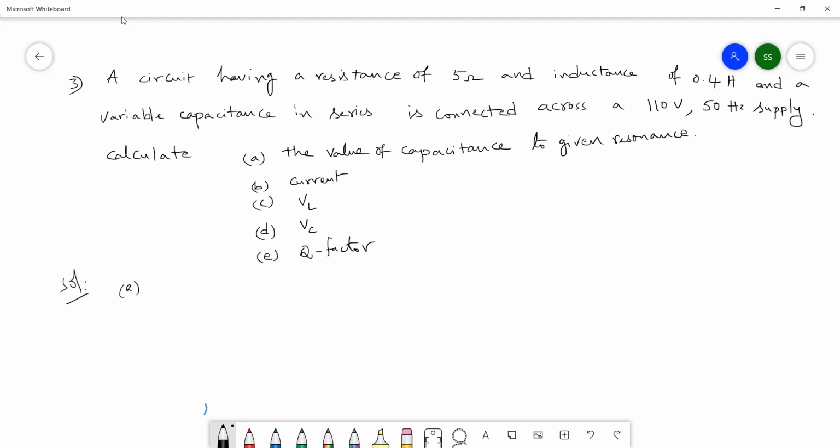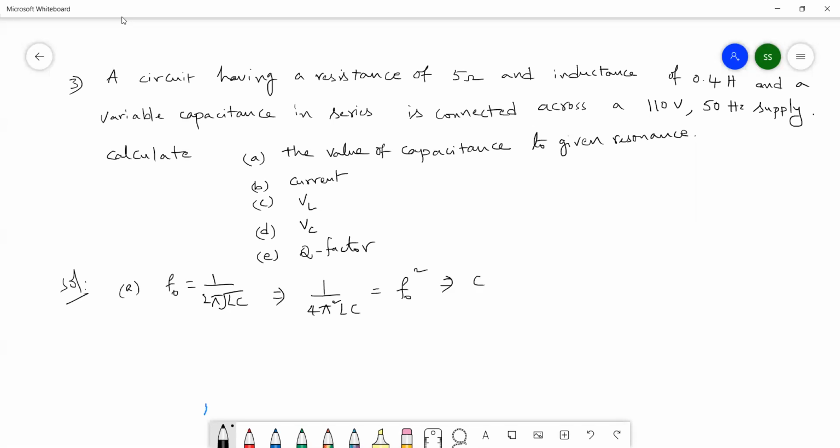See here, I am giving the procedure to solve it. What they are asking is capacitance, right? So F0 is equal to, at resonance, 1 by 2 pi root LC. So from this, shall I write like this? 4 pi square LC is equal to F0 square.